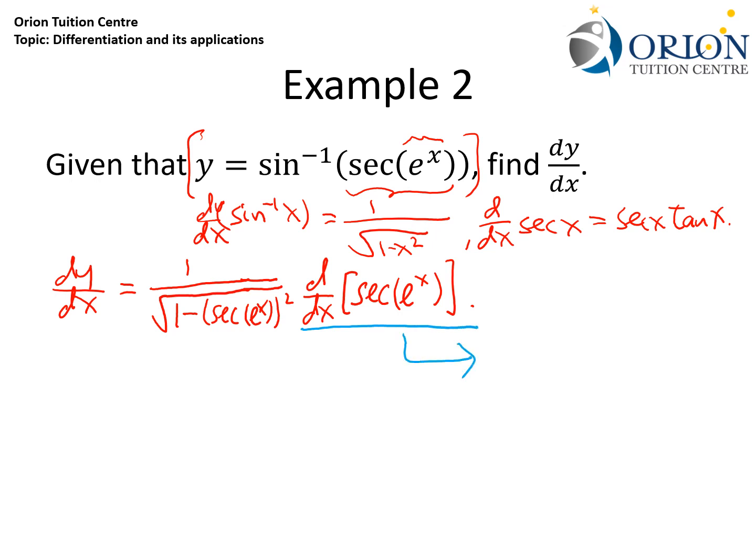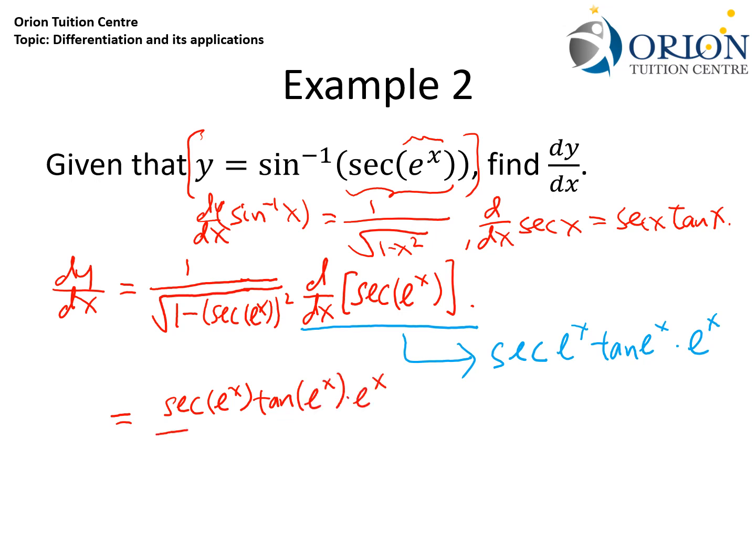To differentiate secant of e^x, it becomes secant of e^x tangent of e^x multiplied by f'(x), which is e^x again. So therefore, the entire term over here just becomes secant of e^x tangent of e^x multiplied by e^x divided by square root 1 minus secant square e^x. And that's it.